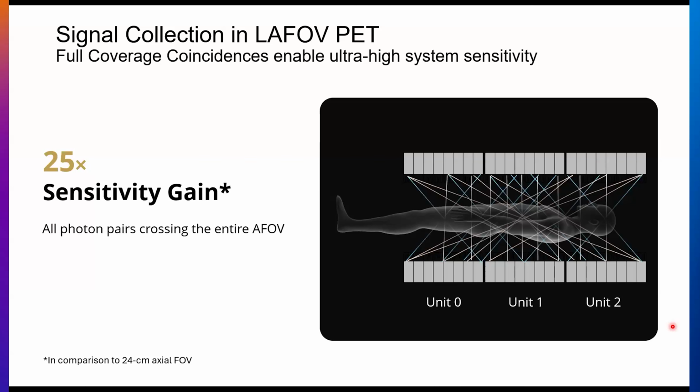Just here highlighting how you can integrate the signal from all of the lines of response all the way across the body at the same time and basically gain a huge degree of sensitivity in detecting these beautiful PET images, which we're going to spend a bit of time now looking at. So the full coverage of coincidences really just enables the high system sensitivity. Here a number comparing to a conventional 24 centimeter axial field of view system.